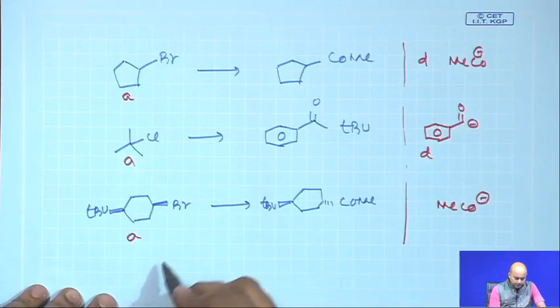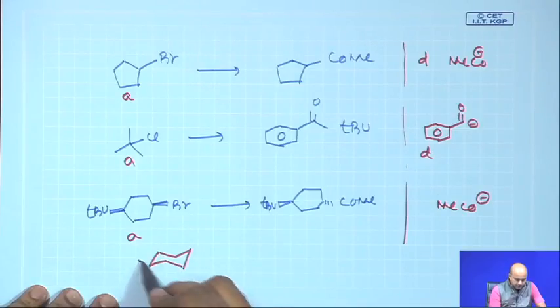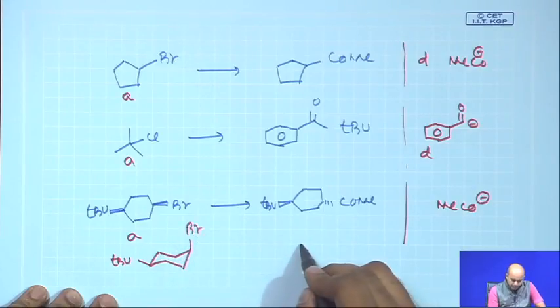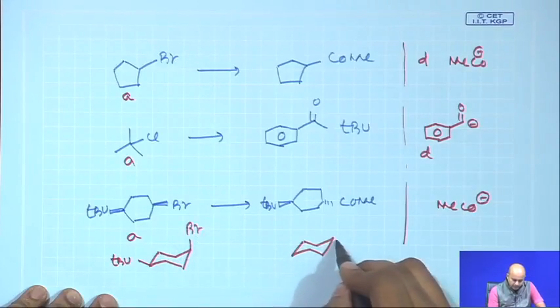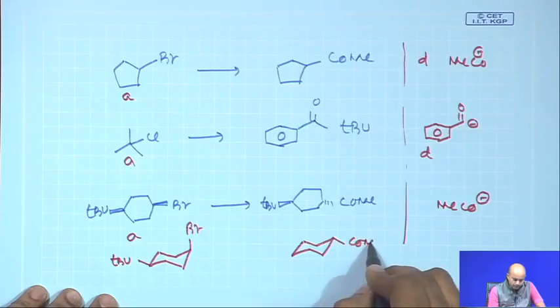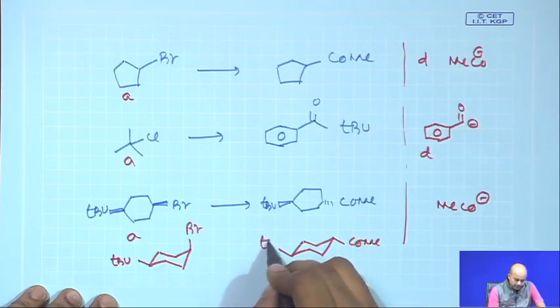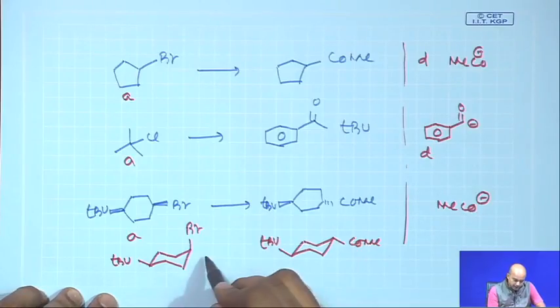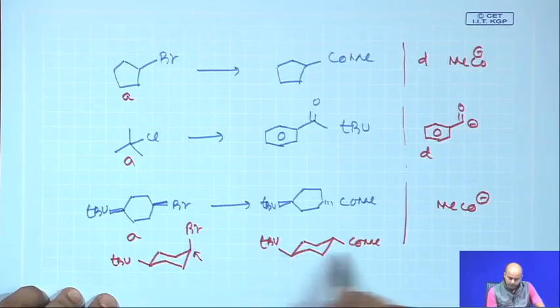Now, in the third case you have to look at the stereochemistry. The starting compound is the tertiary butyl cis compound. The final product which was given is a trans. That is obvious, because as you are doing an SN2 reaction of this MeCO minus, it always attacks from the backside. So, you get this COMe.